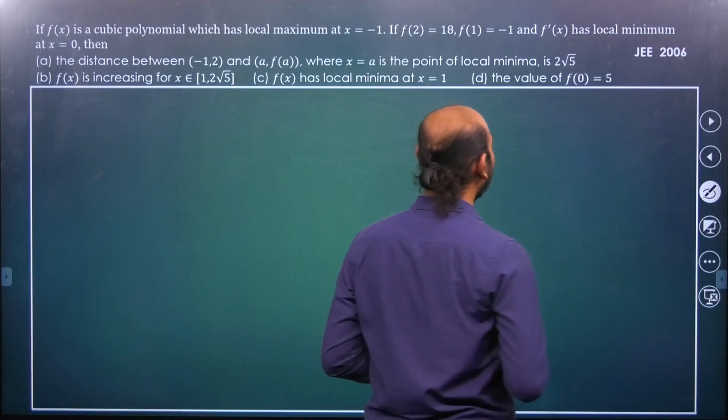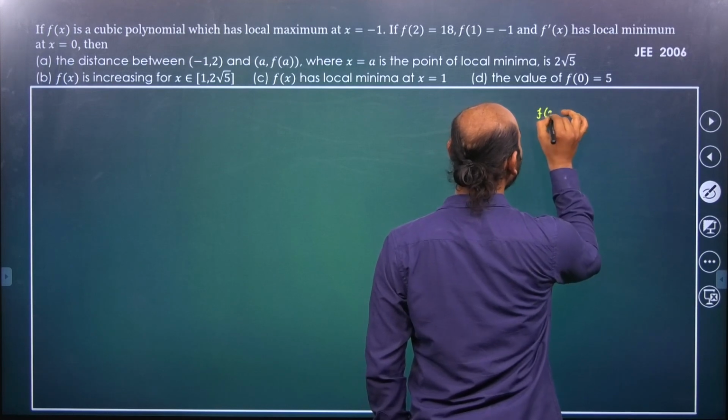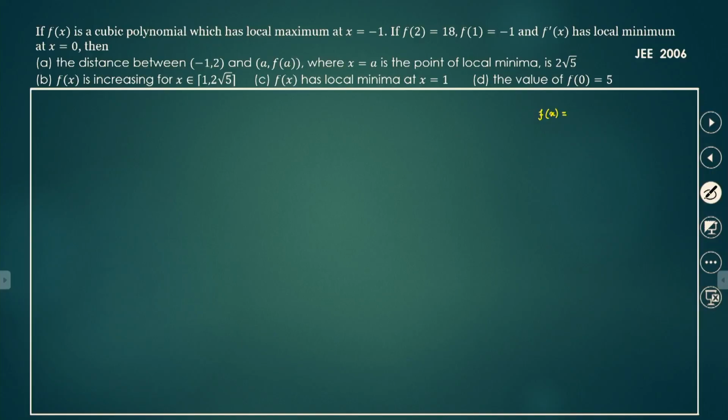So let's apply that. As it's a cubic polynomial, we can consider that f(x) is equal to ax cube plus bx square plus cx plus d, where a, b, c, d are unknown. And f dash x, let's calculate.